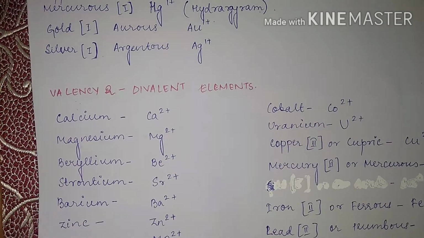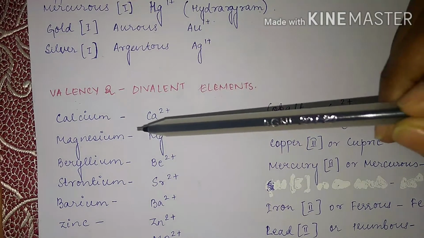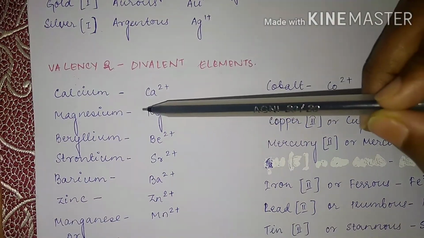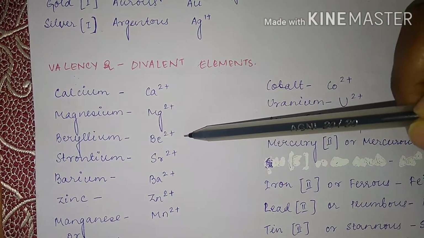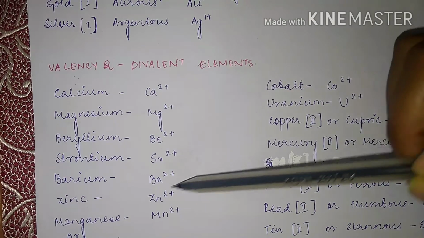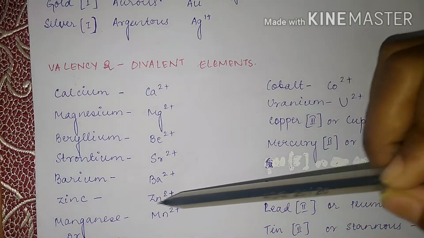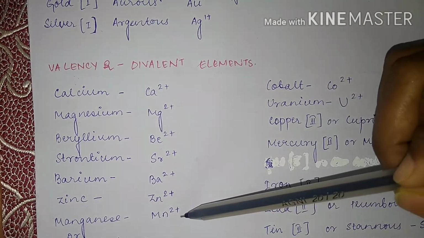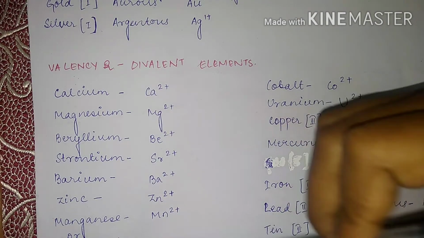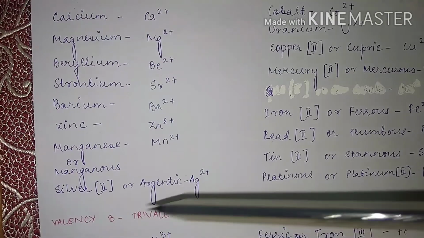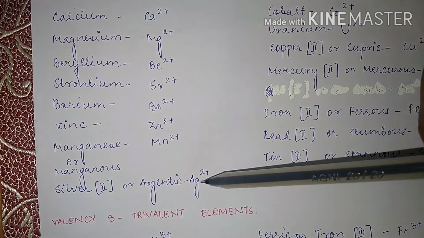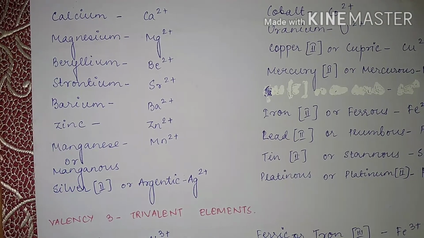The ones with valency 2 are called the divalent elements. In this we have calcium 2+, magnesium 2+, beryllium 2+, strontium 2+, barium 2+, zinc 2+, manganese Mn2+, also called manganous ion. Then we have silver 2 or the argentic 2+ ion.